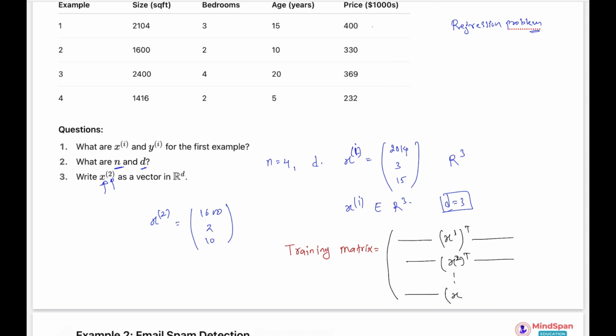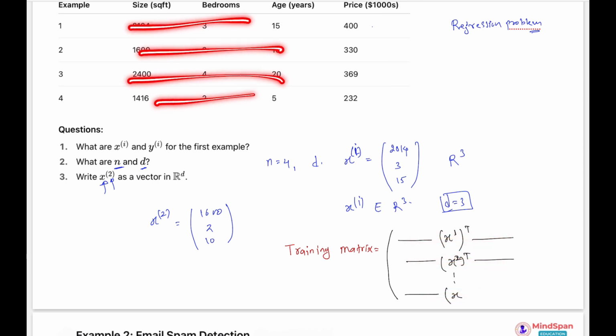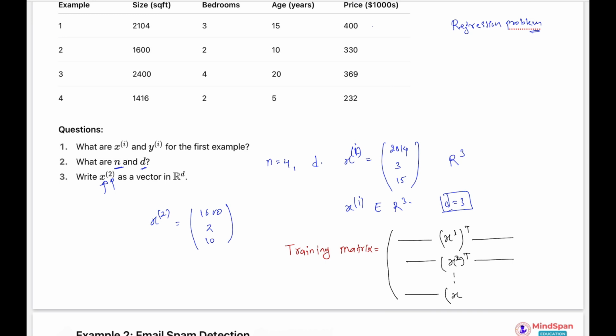And how many such row vectors will we have? As many as there are examples. So this will be the nth vector, transposed.